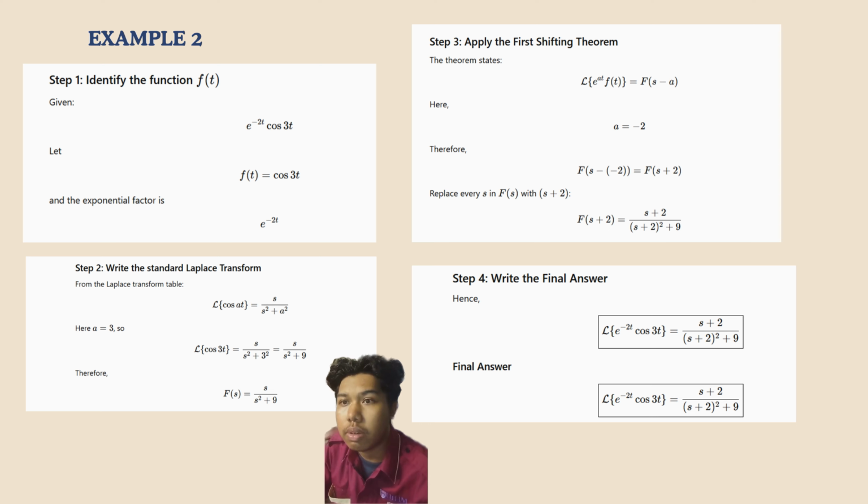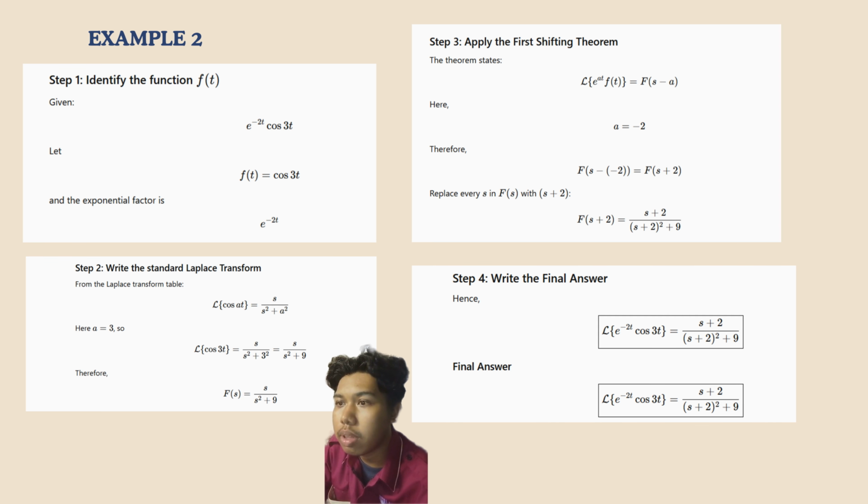So this is for example 2. Step 1, identify the function f(t), the given, let, and the exponential factor. And step 2, write the standard Laplace transform from the Laplace transform table. Here it equals 3, and therefore the answer. And then step 3, apply the first shifting theorem.